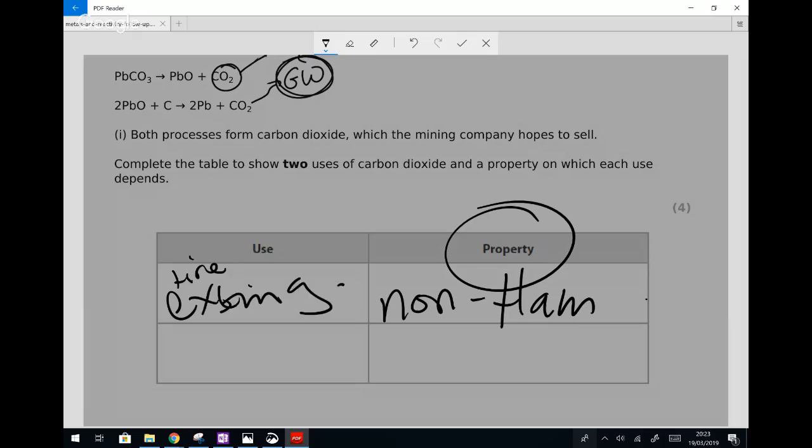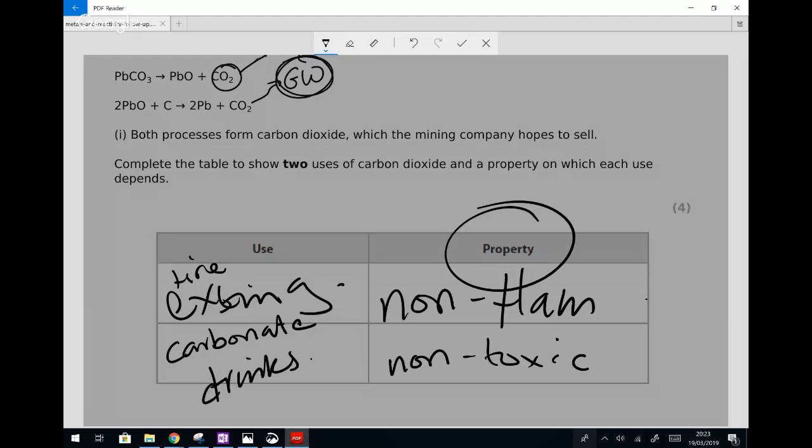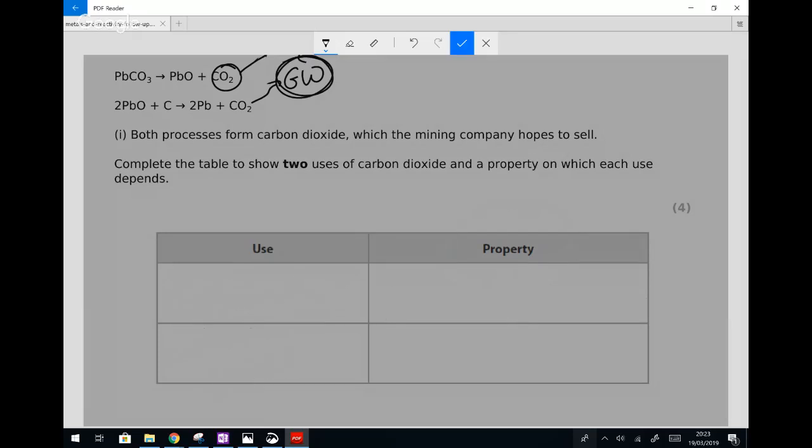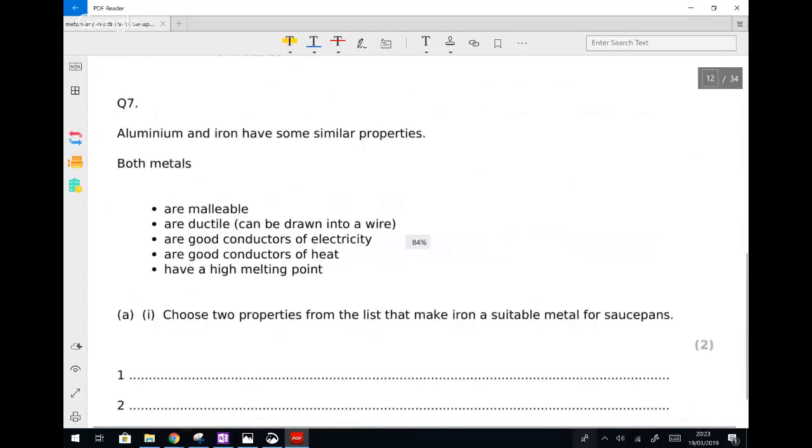Guys, it's put into drinks. It's non-toxic. It's to carbonate drinks, to make fizzy drinks. Isn't that crazy? Everyone forgets it. I know, right? Hard though. Next.